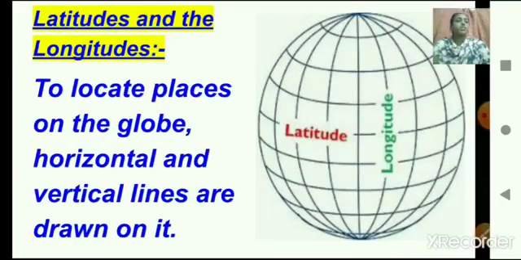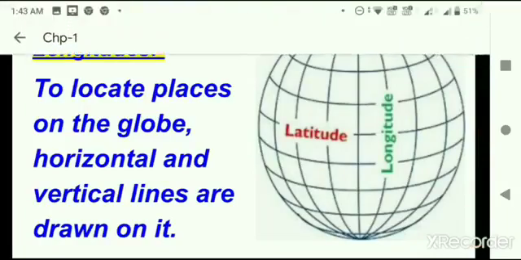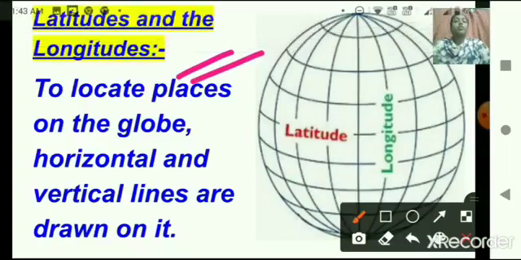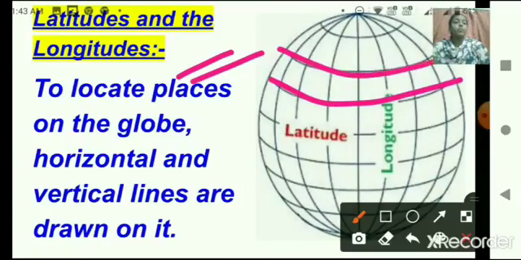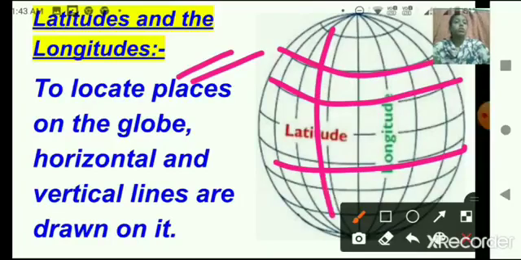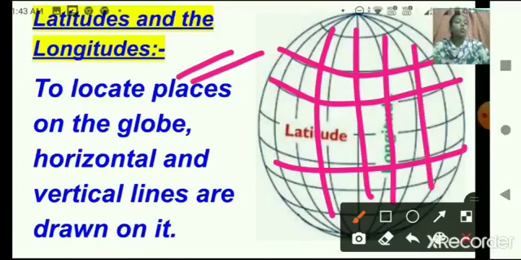Now let us learn in detail. Latitudes and longitudes. To locate places on the globe, horizontal and vertical lines are drawn on it.